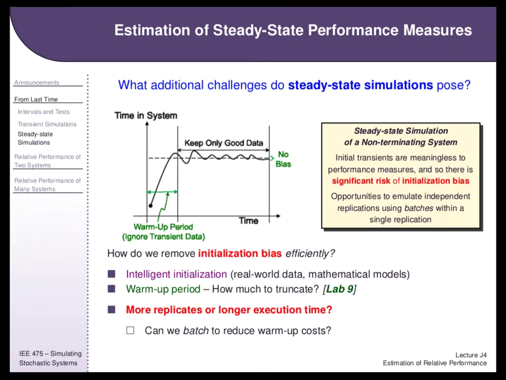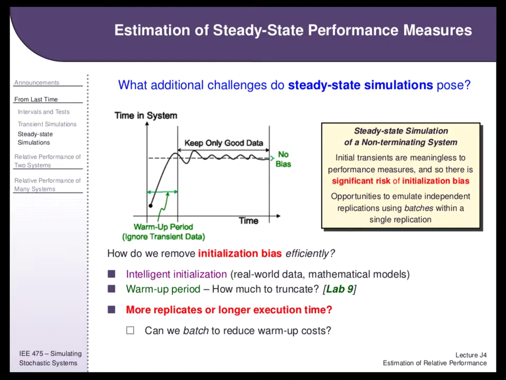The other type of sim we've been talking about are these non-terminating systems, where we are interested in steady state simulations, and we now have another problem: how much data to get rid of, and how do we deal with the issue of needing to run a lot of replications, and the fact that every replication we have to spend a lot of computational time just dealing with transients, so it seems like a lot of wasted time. So how do we manage that?